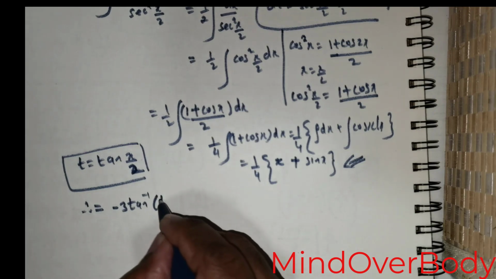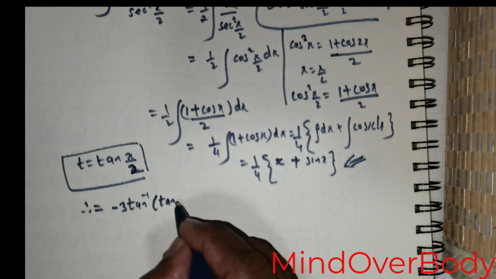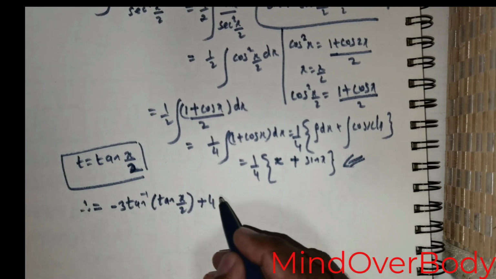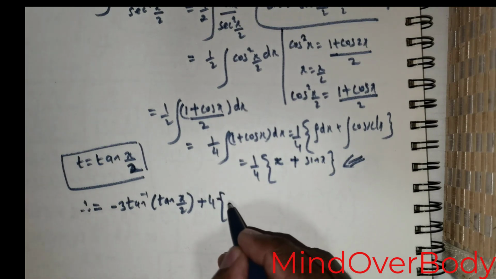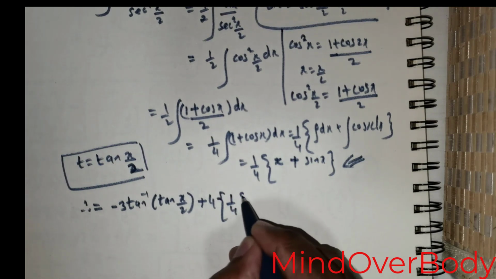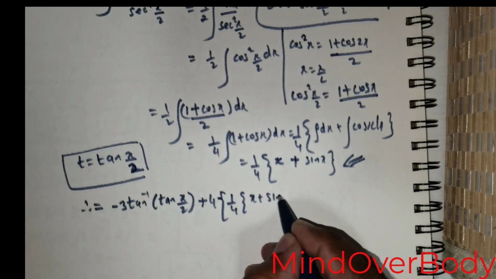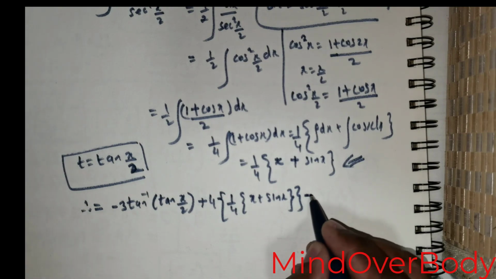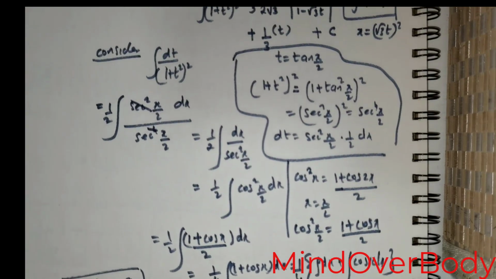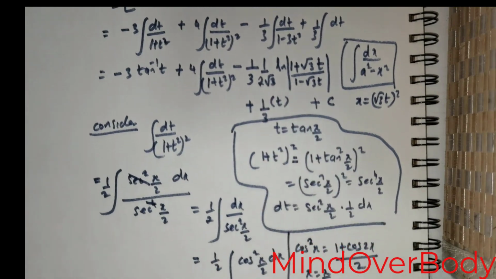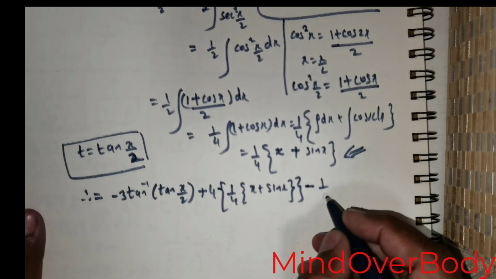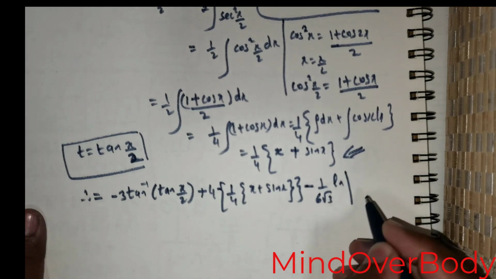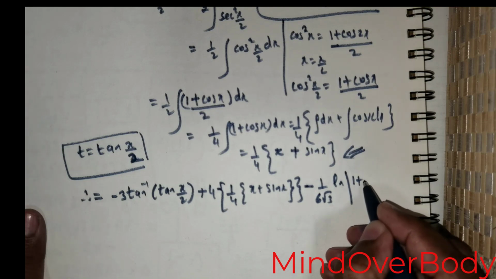So I need to substitute that. So that's going to be tan of x over 2 plus 4 times, I need to substitute this value for that term. So it's going to be 1 over 4 times (x plus sin x), followed by negative 1 over, this is going to give me 3 times 2 is 6 times root 3, so that's going to be 6 root 3 times ln of (1 plus root 3 times t).